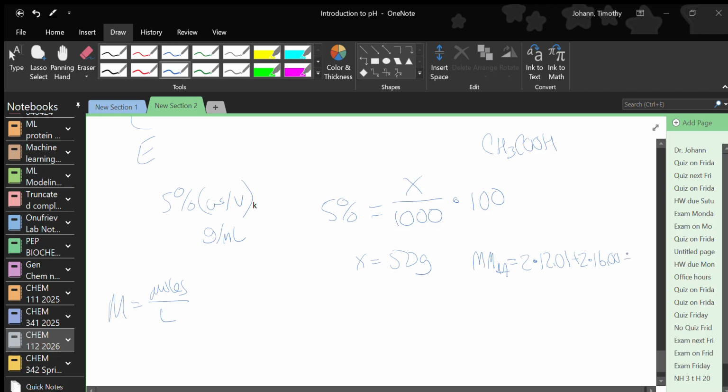And then I have 4 hydrogens in it, 4 times 1.01. All right, if I put that in my calculator and add that all up, I'm going to get 60.06 grams per mole. Is that what you guys got?